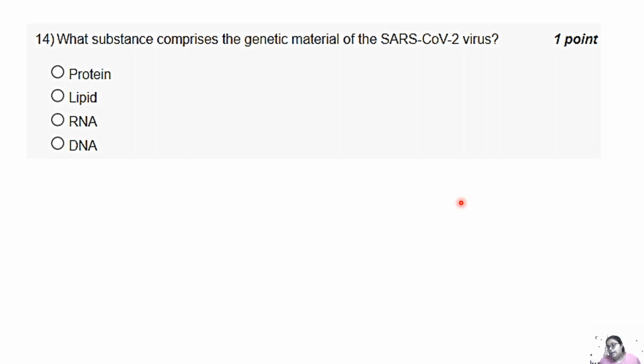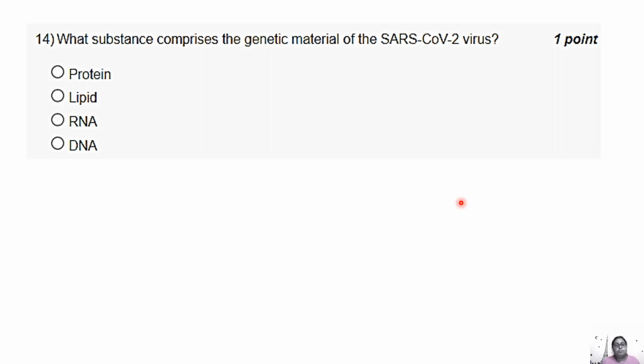Okay. Coming to the next question for today. What substance comprises the genetic material of the SARS-CoV-2 virus? Anybody? RNA. So do you know if it's positive stranded, or what is the number of strands of the RNA?